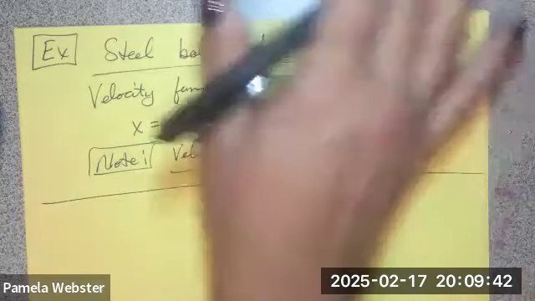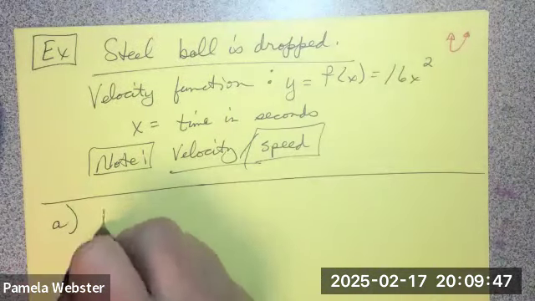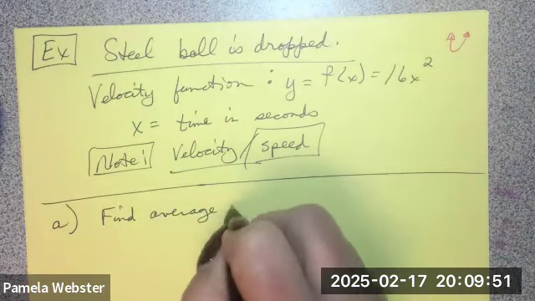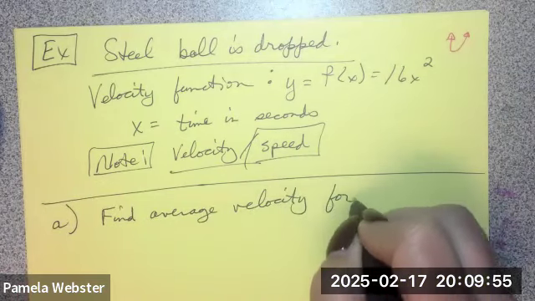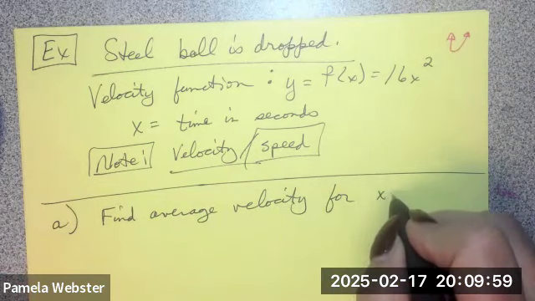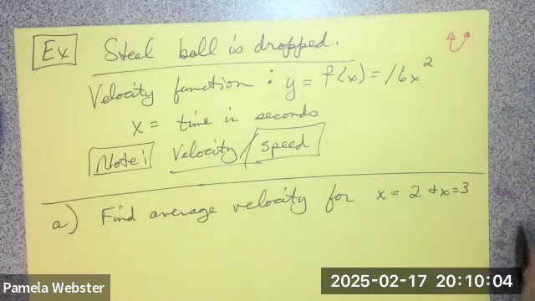The problem, all of this will be given to you in the My Math Lab homework. The problem says find the average velocity between, actually, I think it says x equals 2 and x equals 3. Okay.